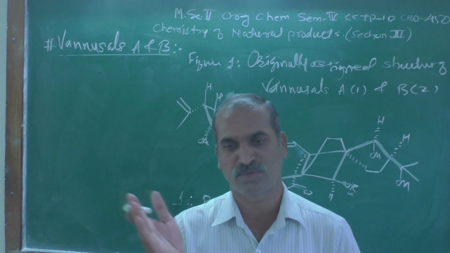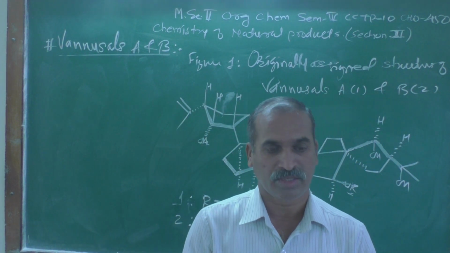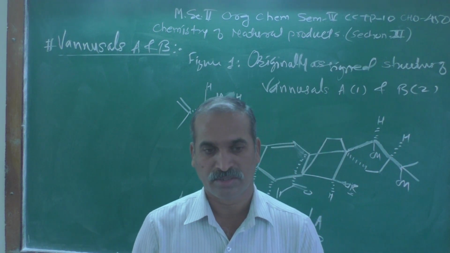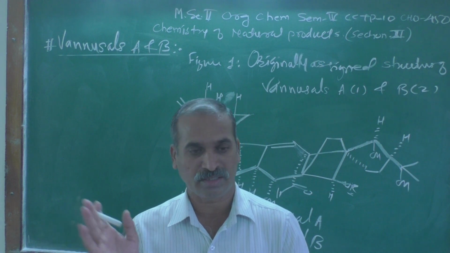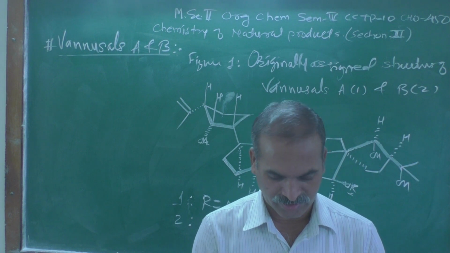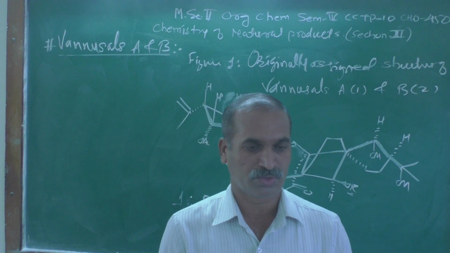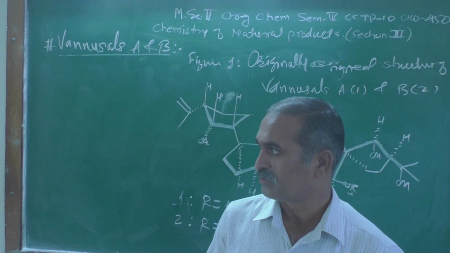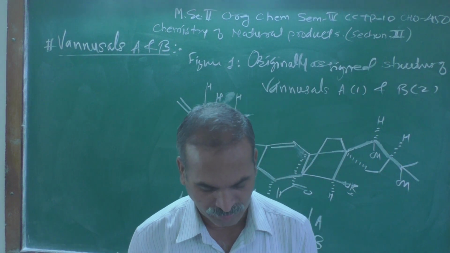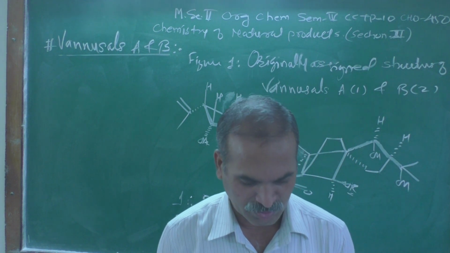Some other factors also matter, but if the values are very de-shielded, like 15 or 16 ppm, then that may be due to an enolic OH. Or if the values are very close to 0.9 or 0.8, that may be for saturated protons. So, that type of information we are getting from this spectroscopy.